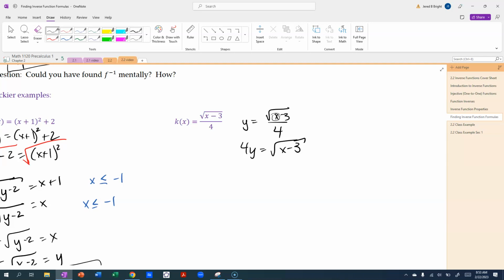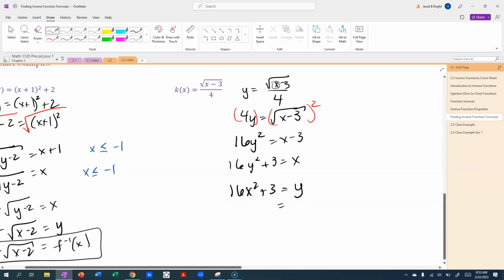Then introduce a square to get rid of the square root: 16y squared is equal to x minus 3. Add 3: 16y squared plus 3 is equal to x. There isn't a problem in this form. As we interchange, 16x squared plus 3 is equal to y.